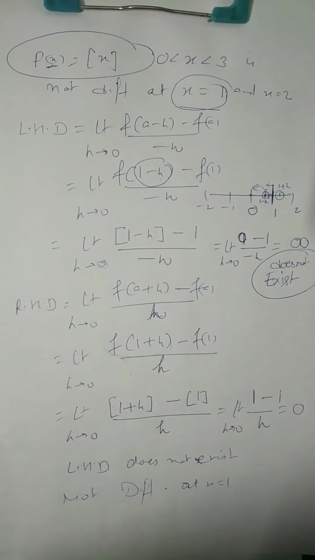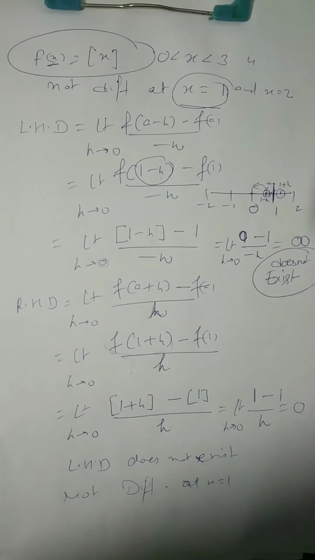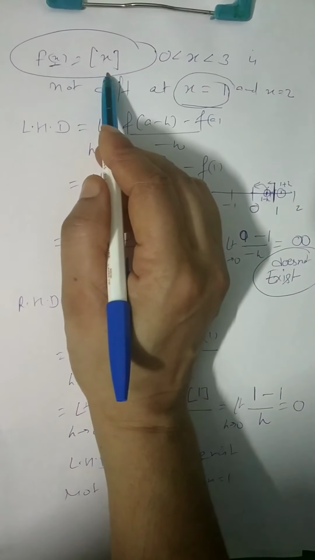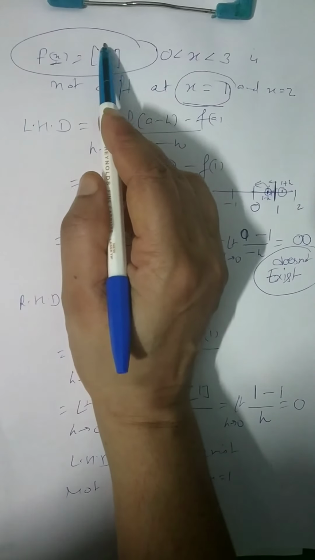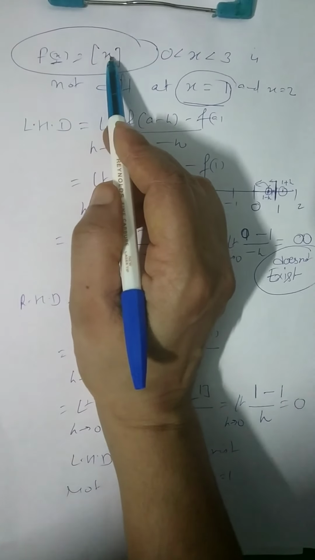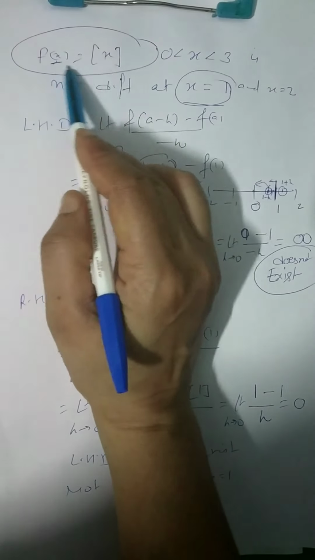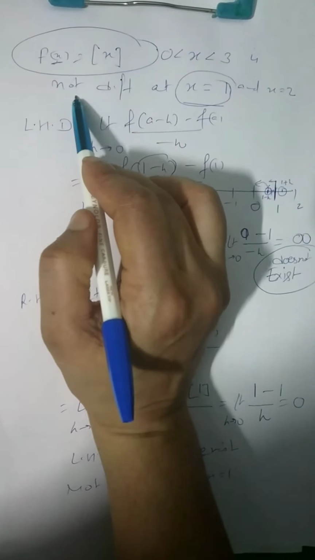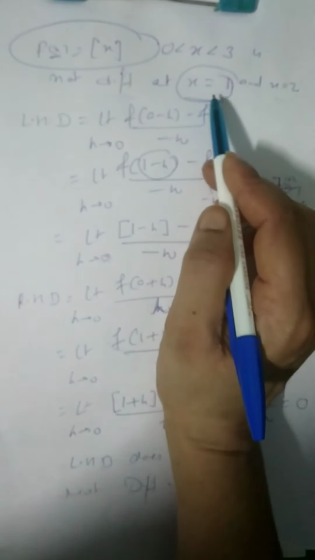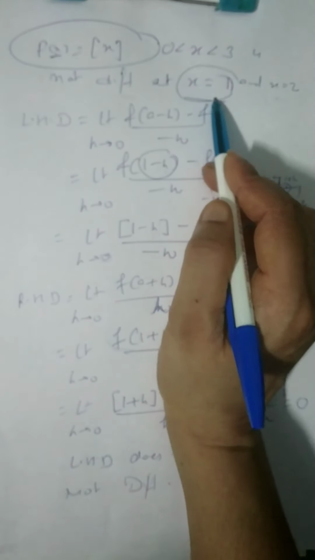The next question is the greatest integer function, f(x) = [x]. Box x means the integer which is just before x. So here it is the greatest integer function. We have to check the differentiability at x = 1 and x = 2. Here we are going to check at 1.